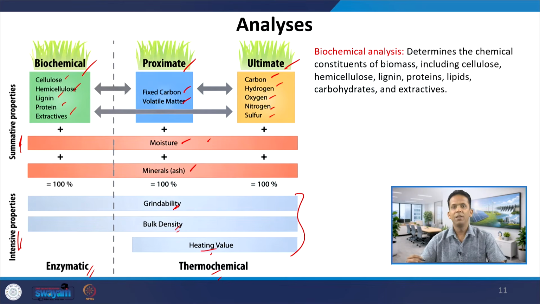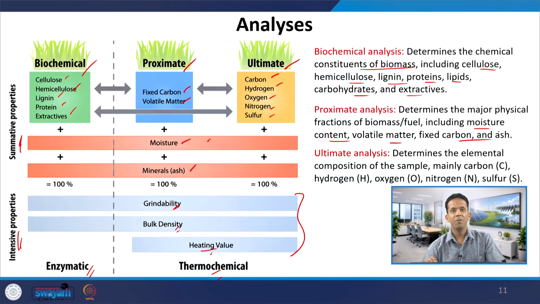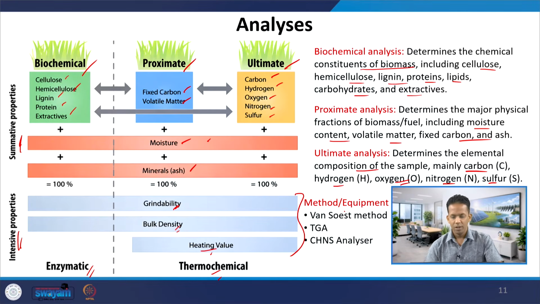Biochemical analysis determines chemical or biochemical constituents of biomass: cellulose, hemicellulose, lignin, and if it is non-lignocellulosic biomass, it can tell us proteins, lipids, carbohydrates, and extractives. Proximate tells us the major physical fractions of biomass: moisture, volatile matter, fixed carbon, and ash. Ultimate tells us the elemental composition: carbon, hydrogen, nitrogen, sulfur, and oxygen is found by difference. And the common methods used for these three analyses are given here.